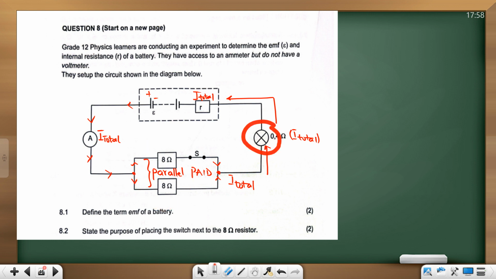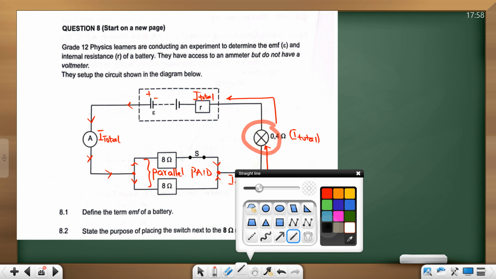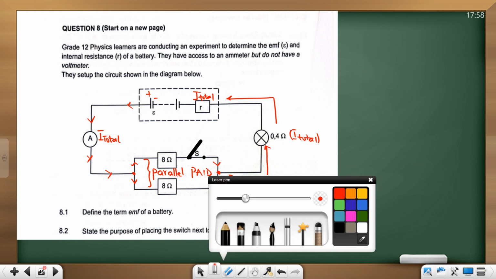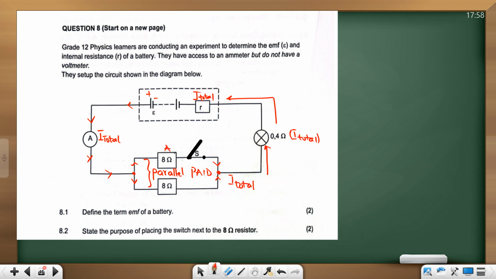But if I open the switch, what do you think will happen? Let's call this A and B, resistor A, resistor B. Something's going to happen. What will happen? Talk to me quickly. A is no longer working. Current will only flow in resistor B.